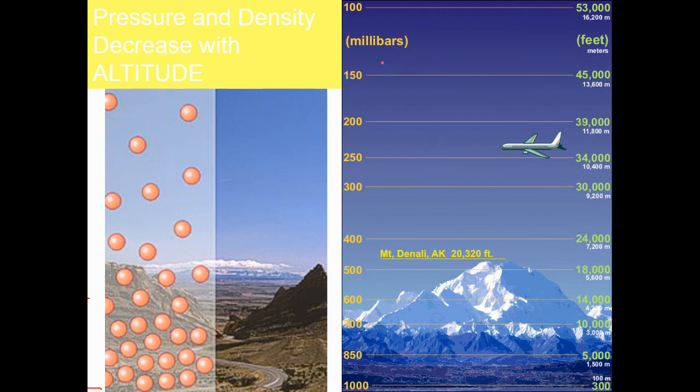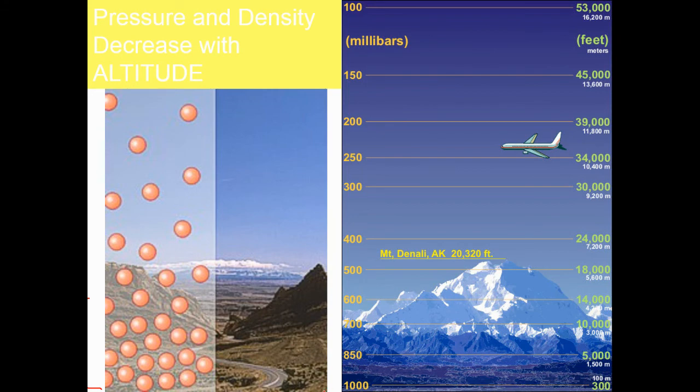Here is a diagram of air pressure measurements on one side, with feet in this green color, and meters in white. Here we have Mount Denali in Alaska, which is 20,000 feet. That has a pressure in millibars of about 450.